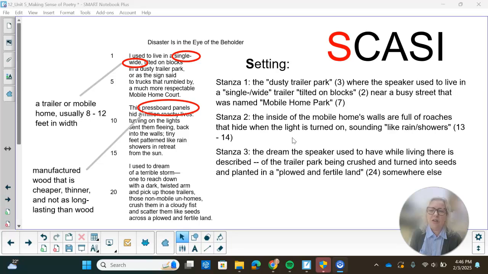And we are looking at this sort of magnified level where there are roaches hiding when the light is turned on in the walls. In stanza 3, this is more of a hypothetical kind of setting because this is a dream that's described that the speaker used to have of the trailer park being crushed and turned into seeds and then planted somewhere else.